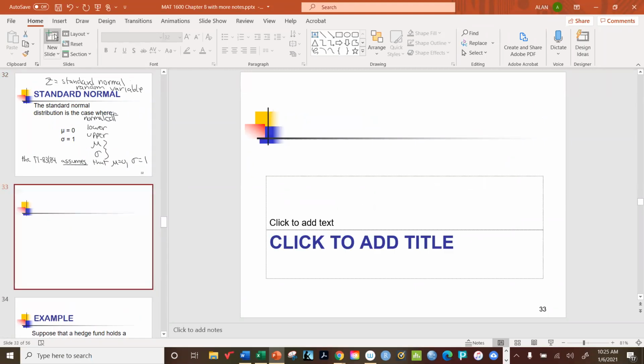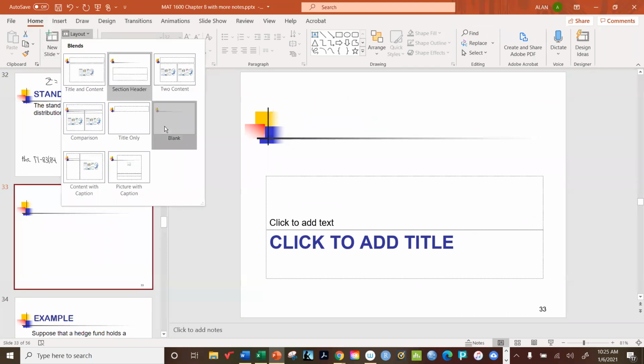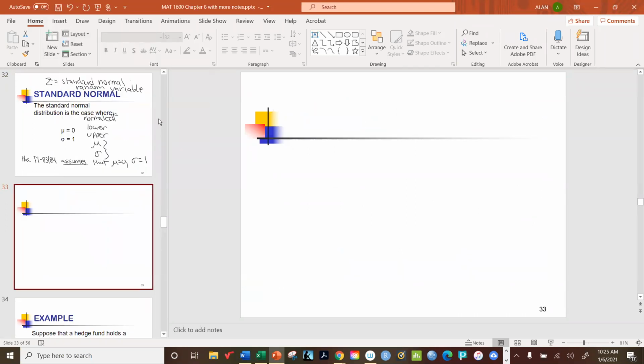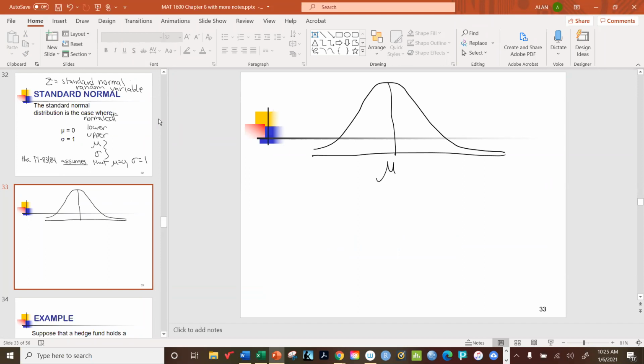Actually, you know what, let me do one more thing here. Let me draw a little diagram. So in other words, we're taking our X bar distribution, it's normal. And then let's say over here we have mu X bar plus the standard error.